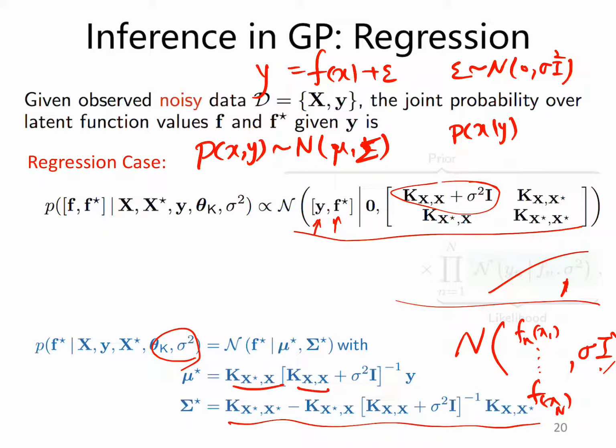So my posterior still is going to be Gaussian, right? Because my joint distribution is Gaussian, my conditional is also Gaussian. But it has a very simple closed form. So remember that I fixed the value of this, and all I need to do is compute the posterior of this. But the joint distribution of this is Gaussian, because it's an assumption that for any finite dimensional observation, the joint distribution is Gaussian.